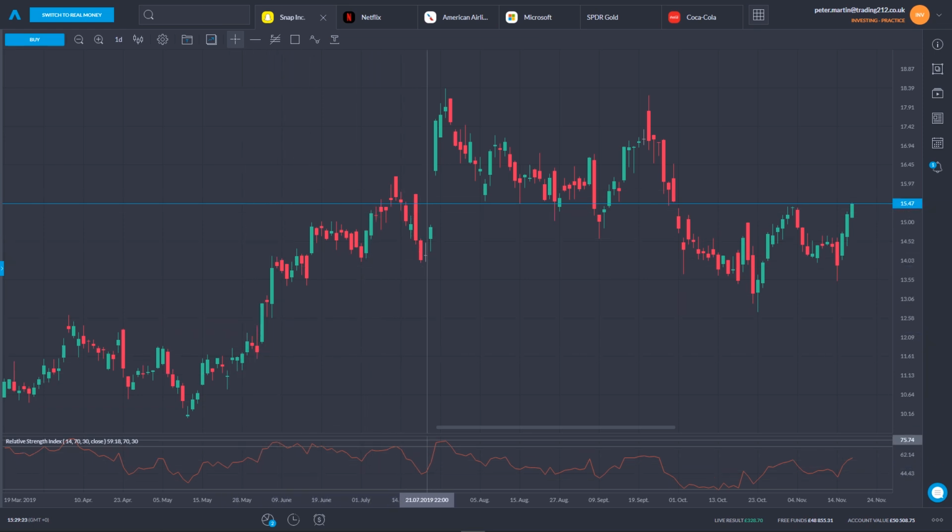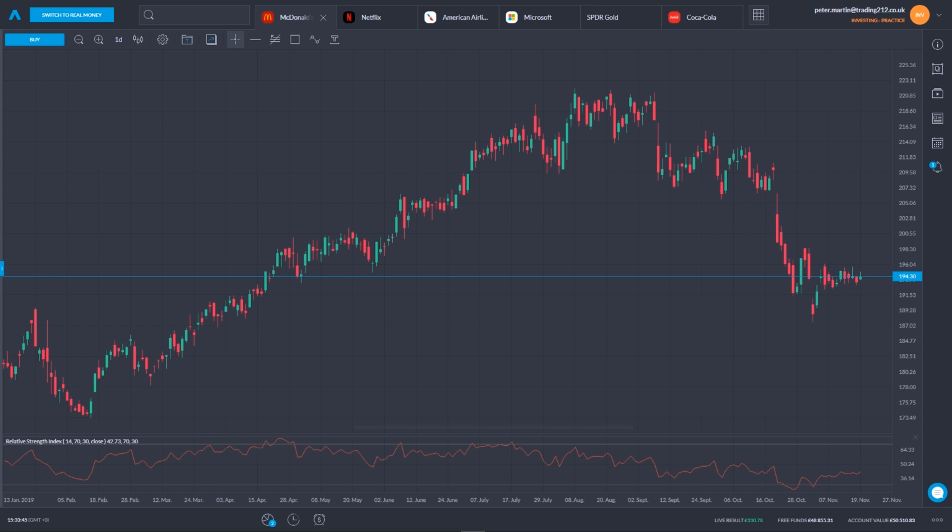When it drops here, we get a drop in the RSI, bounces back up here, sells off here, the RSI sells off, pushes up, comes down, pushes up. So the RSI is by and large in agreement with the price. We do get a nice overbought signal here, and the market sold off after that. So it did pick a top quite nicely there, but there's no divergence to be seen on this chart.